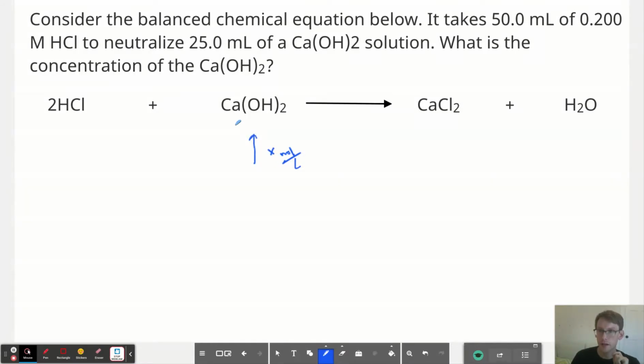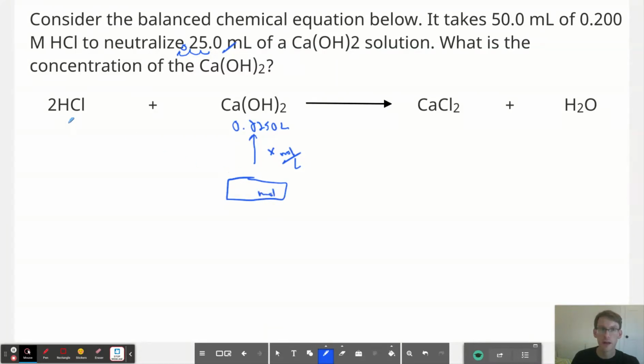Now, how much calcium hydroxide is neutralized? It's 25.0 milliliters, which is 0.0250 liters. And I need, of course, moles, which I don't know.